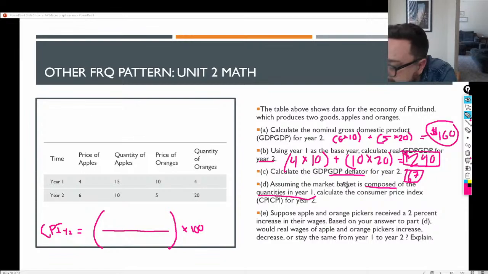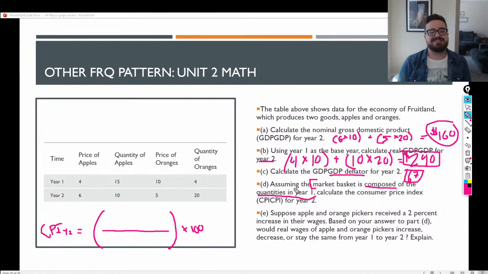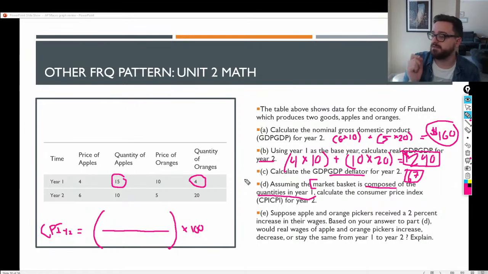I don't know what the market basket is. It tells you. The market basket is the quantities of the good in year 1, meaning the market basket is 15 apples and 4 oranges. You have to take that literally. It's all you have to go off of is what it tells you. So the market basket is 15 apples and 4 oranges.